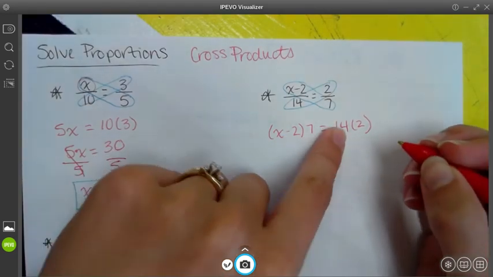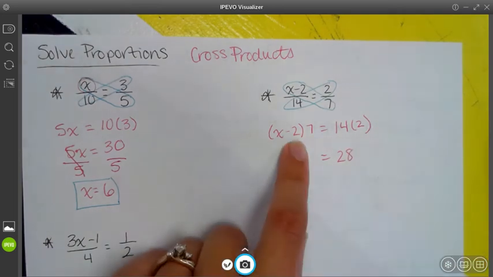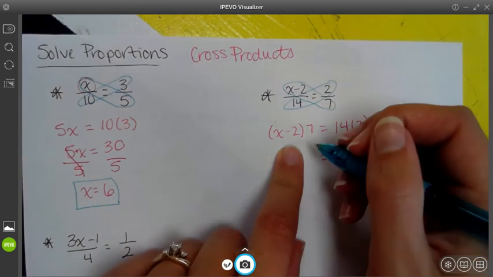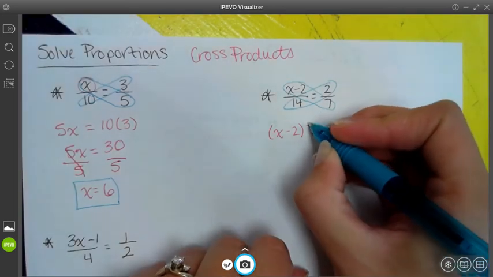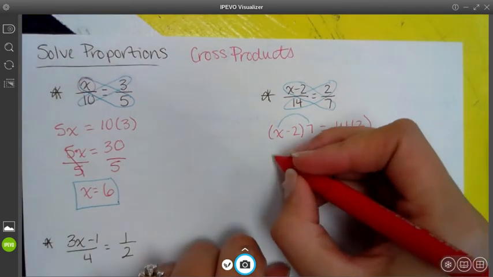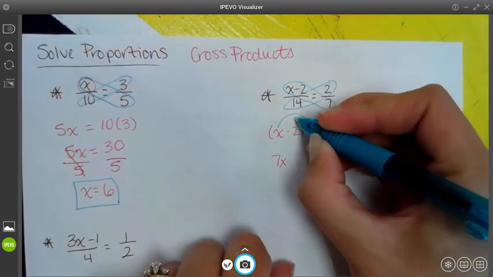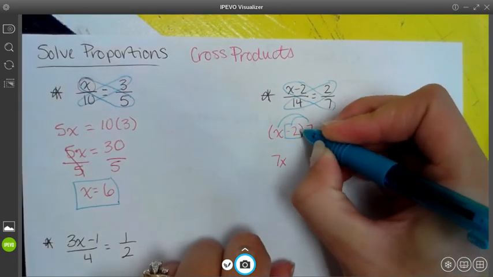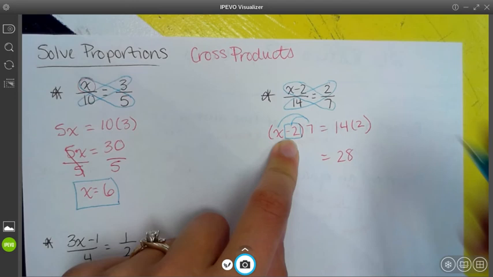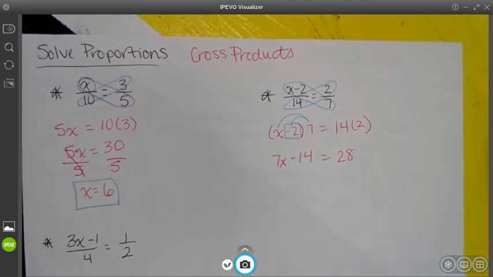I have 14 times 2 over here, which is 28. And over here, I have x minus 2 times 7. I need to distribute. So I'm going to do 7 times the positive x, which is 7x. And then 7 times, this is a minus 2, guys, so 7 times negative 2 is negative 14.